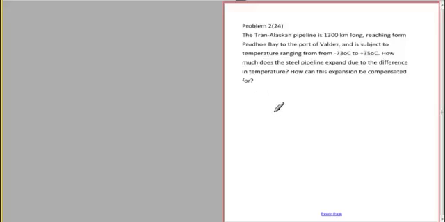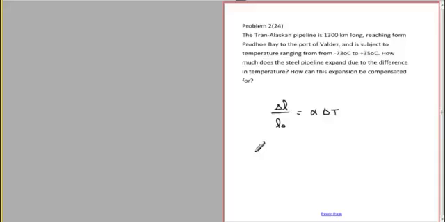So again, the relationship we have is that the change in length divided by the original length is equal to the coefficient of thermal linear expansion times delta T. Again, it can be either C or Kelvin. So you have to find out what alpha for steel is.